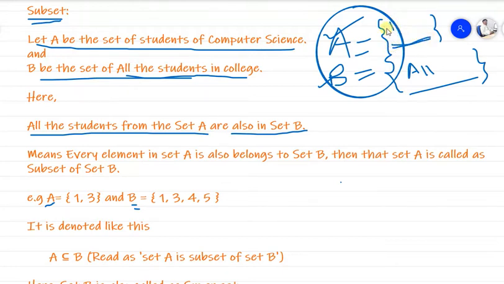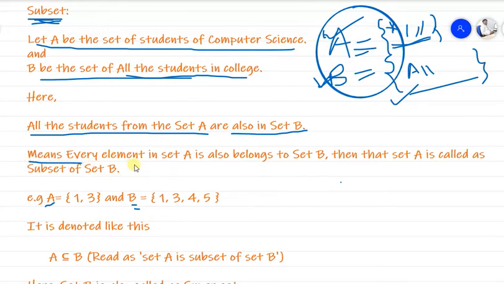It means every student in set A also belongs to set B. Every element from set A also belongs to set B. So it means that A is a subset of set B, and this concept is nothing but the subset. Getting my point?